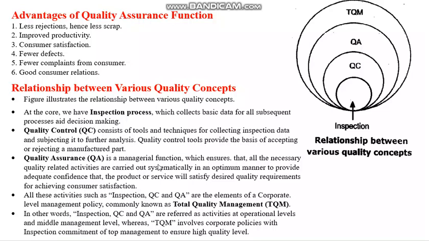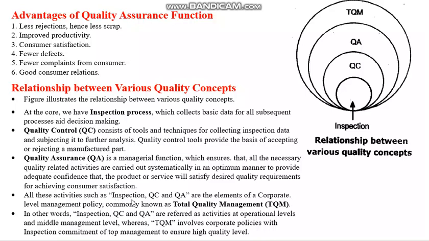And then quality assurance is a managerial function which ensures that all the necessary quality related activities are carried out systematically in an optimum manner to provide adequate confidence that the product or service will satisfy desired quality requirements for achieving consumer satisfaction.